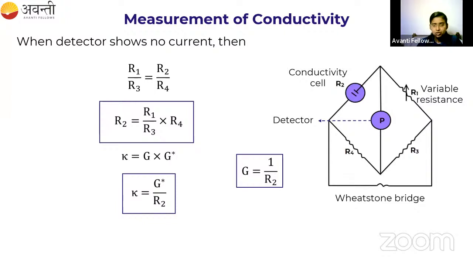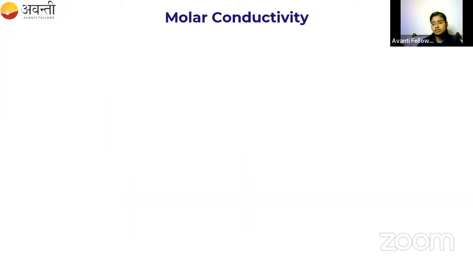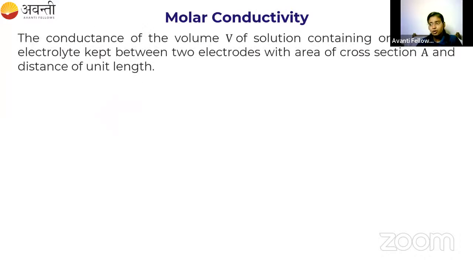The new topic for today is molar conductivity. What is molar conductivity? It is the conductance of the volume V of solution containing 1 mole of electrolyte kept between two electrodes with area of cross section A and distance of unit length. Molar conductivity is denoted by capital lambda m, and it is equal to kappa into V, where V is the volume and kappa is the conductivity.